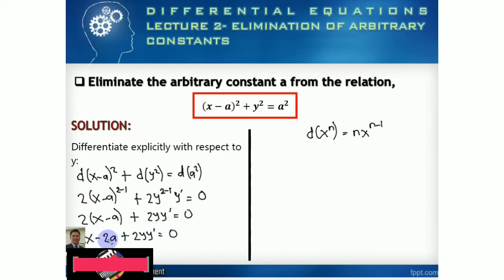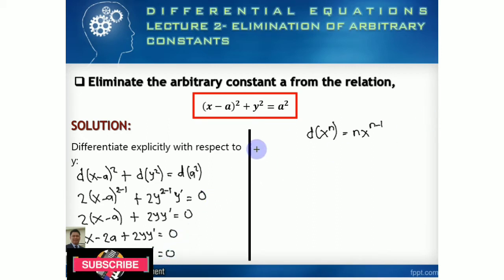Actually, these two we can just move out, and this would be equal to x minus a plus y y prime is equal to 0.